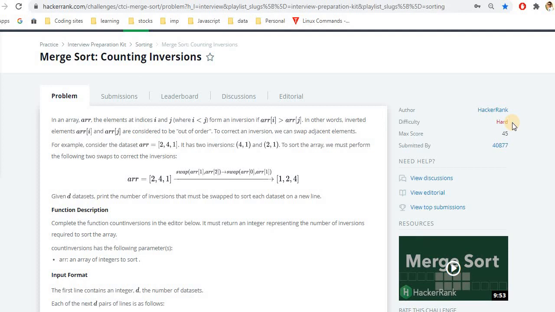I specifically did not want to do counting inversion using merge sort there, but because it's explicitly written here that we must count inversion using merge sort, we have to cover this. So these are the basic prerequisites which we should know before going into the problem.